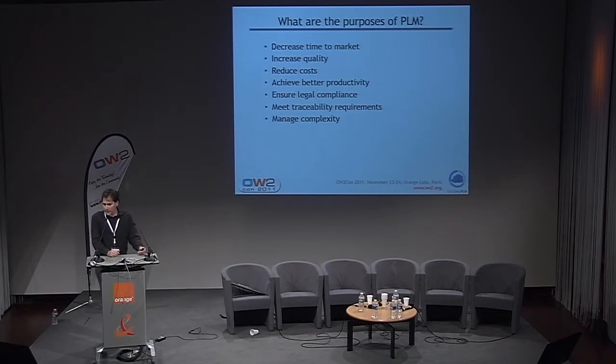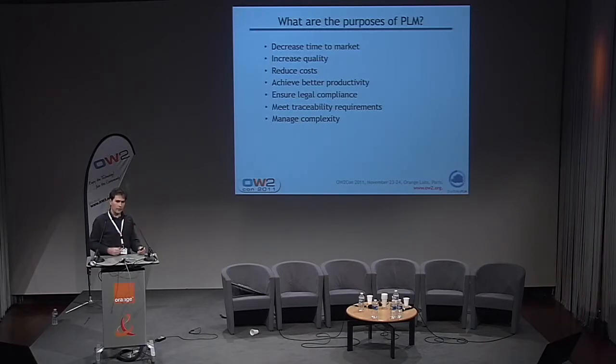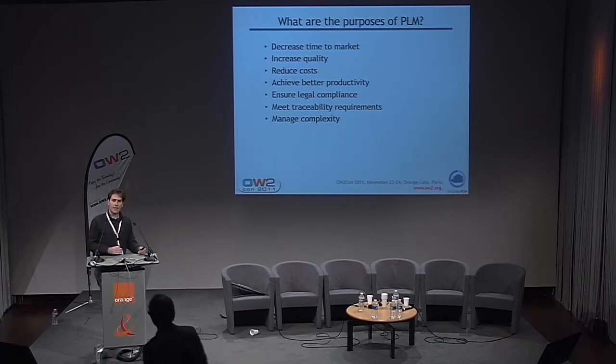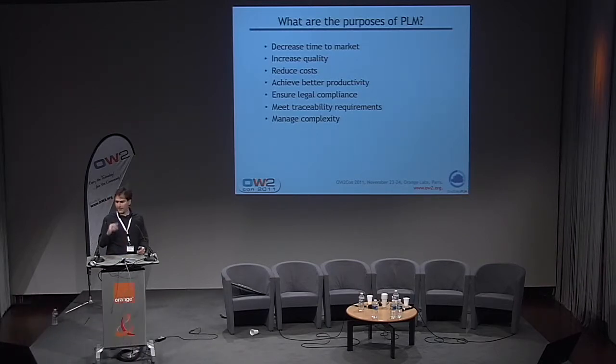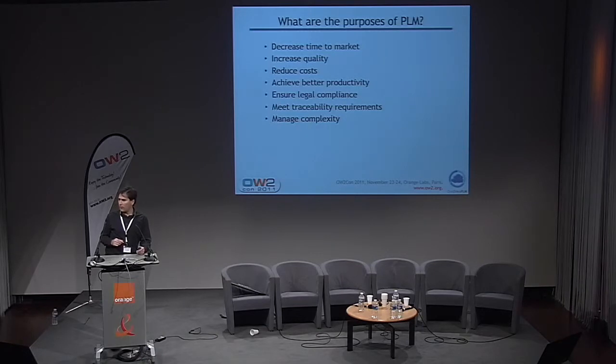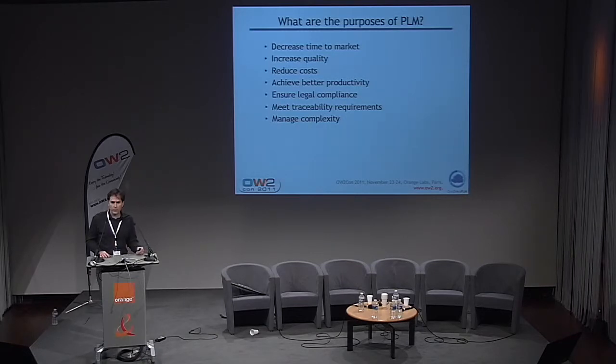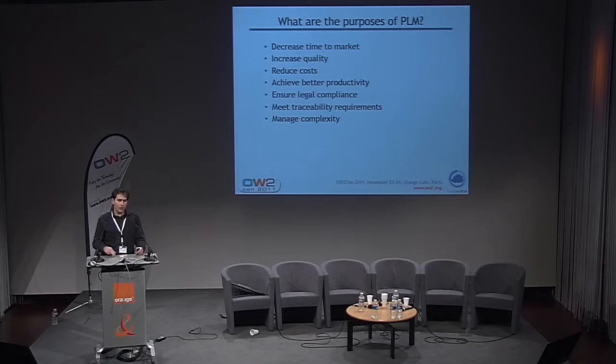Okay, meet traceability requirements. This is every change that is made on a document, like Nuxeo told us. But also, every change that is made on the product structure, we should trace that. We should be able to trace that a change is asked in the product structure.